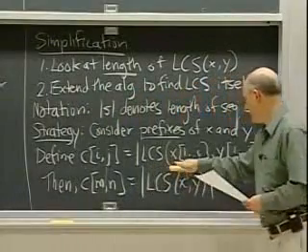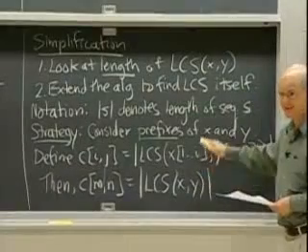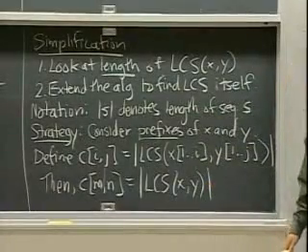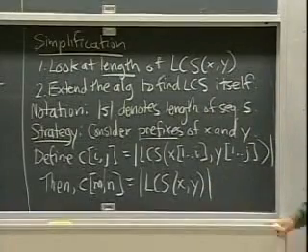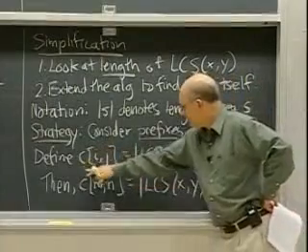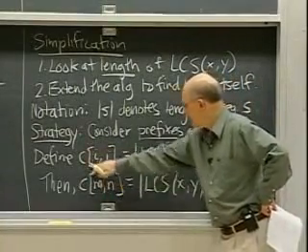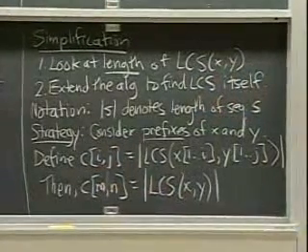Because if I go from 1 to m and 1 to n, I'm done. Okay? And so it's going to turn out that what we want to do is figure out how to express C[m,n], and in general C[i,j], in terms of other C[i,j]. So let's see how we do that.